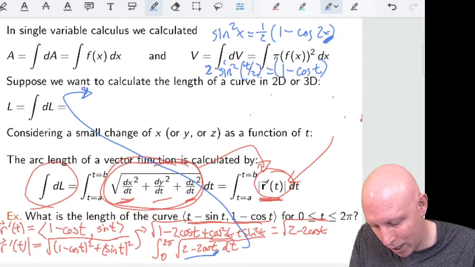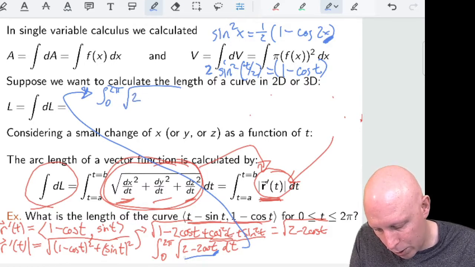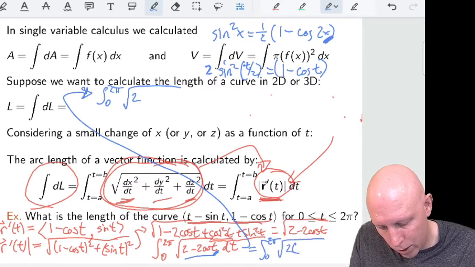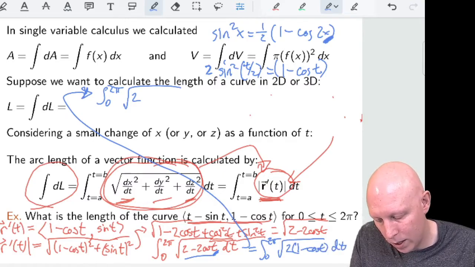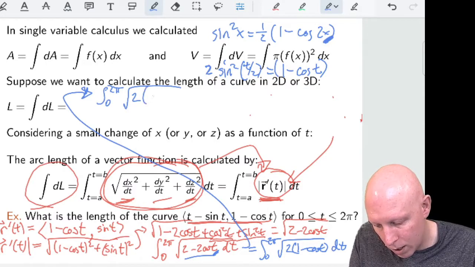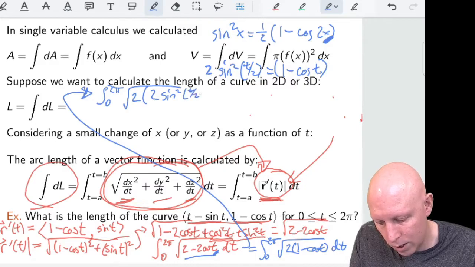So what do we get? We get the integral from 0 to 2 pi of the square root of 2 times 1 minus cosine of t dt. There's a 2 here that we're pulling out. So the integral from 0 to 2 pi of the square root of 2 times 2 sine squared of t over 2 dt.